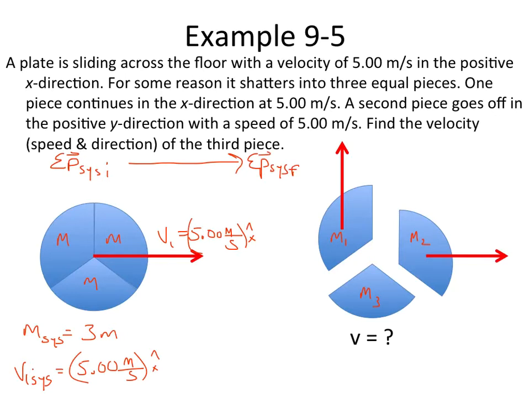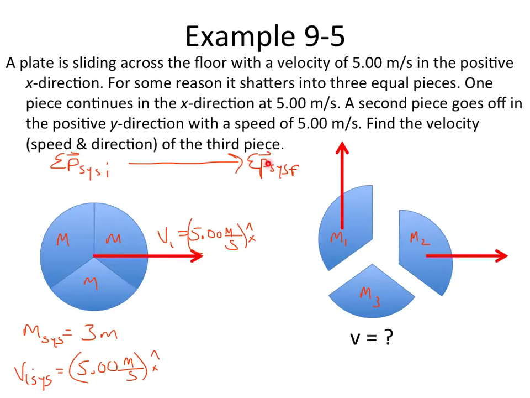So these 3 masses, each with their velocities of 5 meters per second, have to add up to the various different masses here and their various different velocities after the explosion or whatever caused them to break apart. The total momentum initial has to equal the total momentum final.